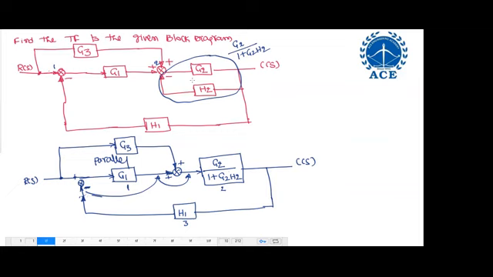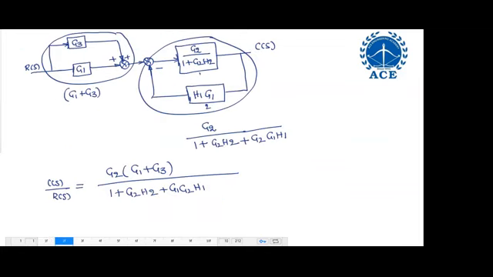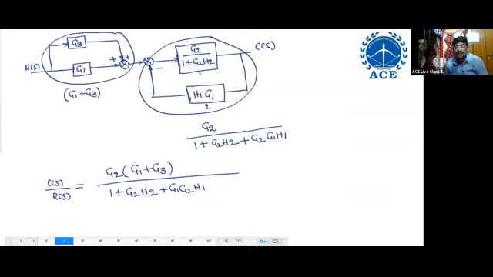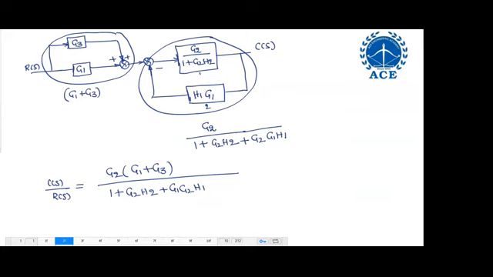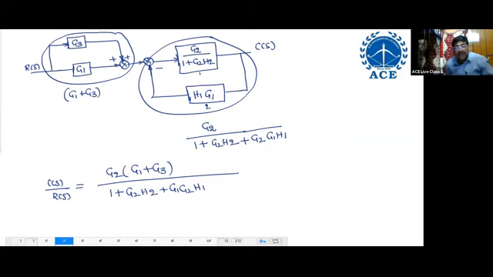Sir, when we add G1 here, how will it come? These two are parallel, G1 and G3 are parallel, added.